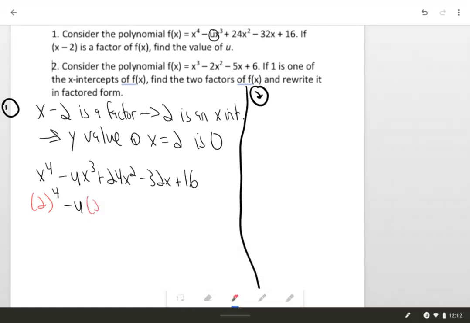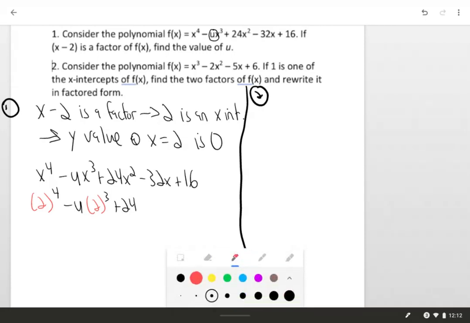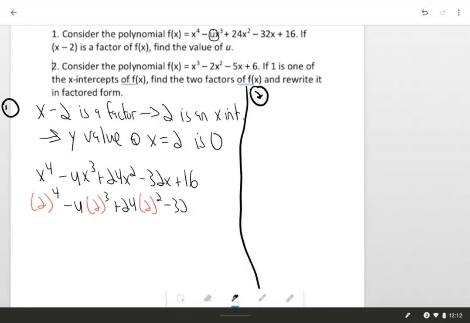Okay. So I'm using different colors here for those of you that are visual learners. So notice I replaced all of the x's with 2's.